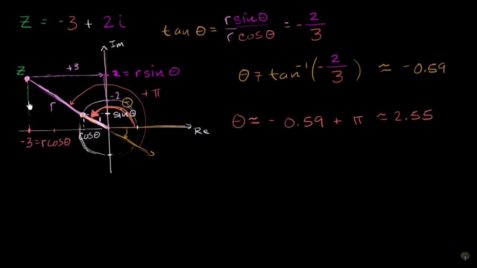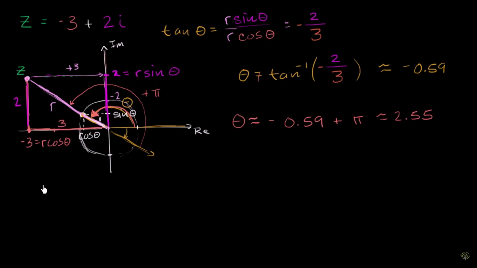We could set up a right triangle. We know that this distance right over here is 2. And we know that the coordinate here is negative 3, but the distance here is just 3.